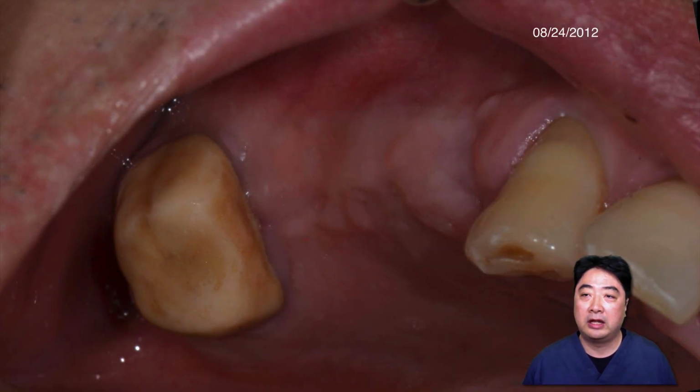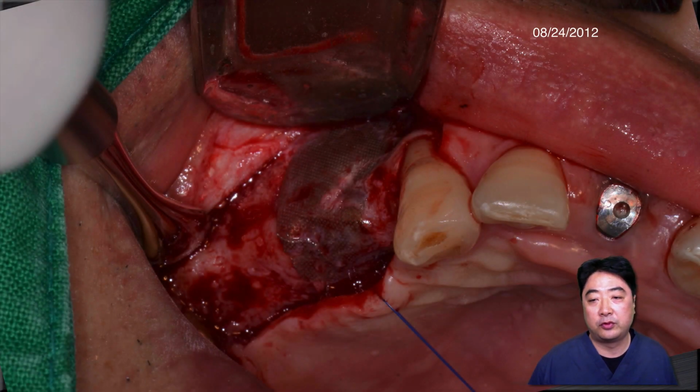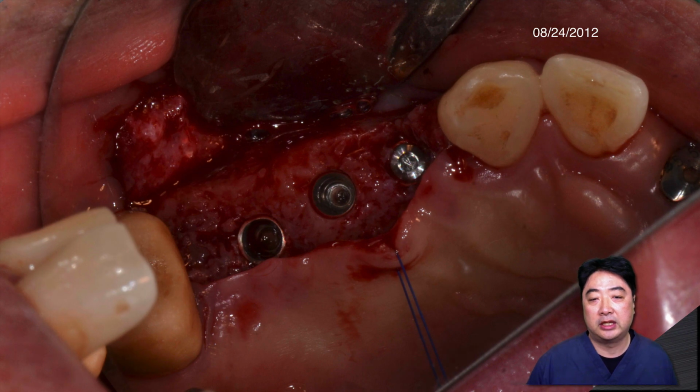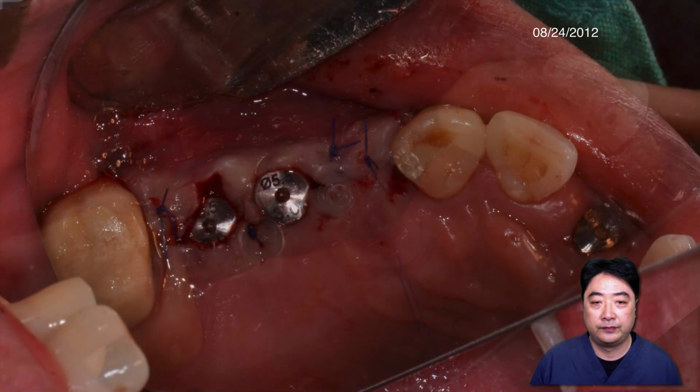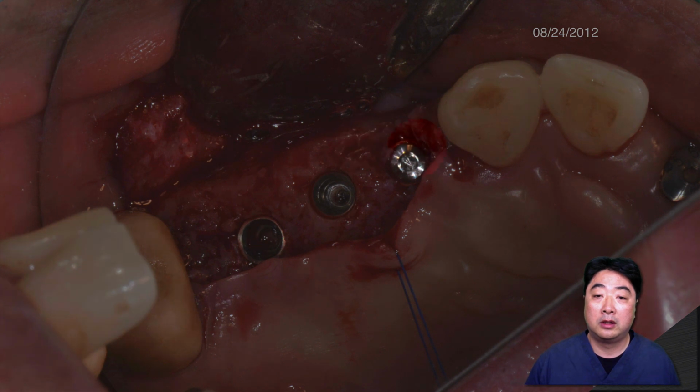After a few months, in 2012, I opened the flap for implant placement. I removed the Cytoplast mesh flex membrane, and I placed 3 IS2 implants from Neobiotech.